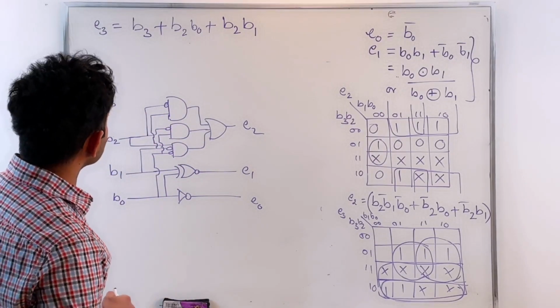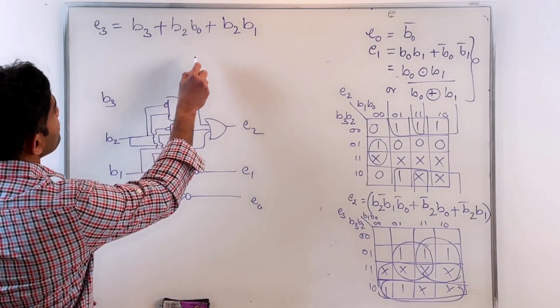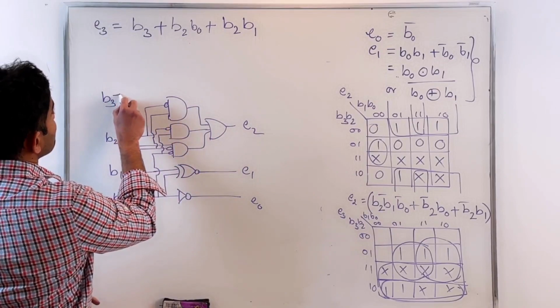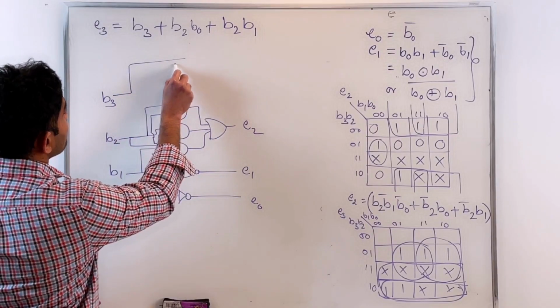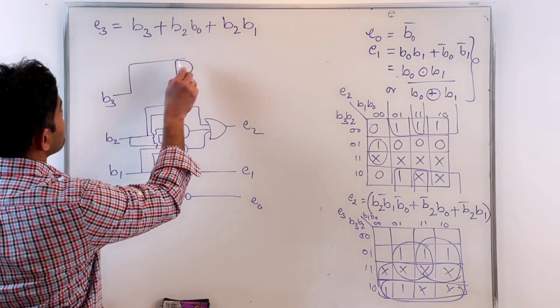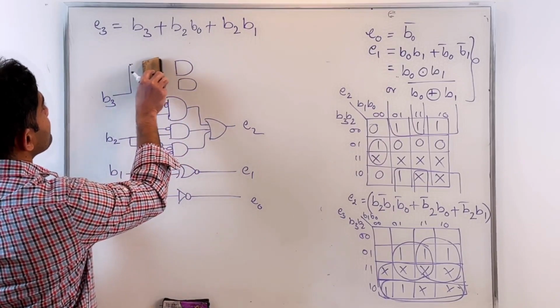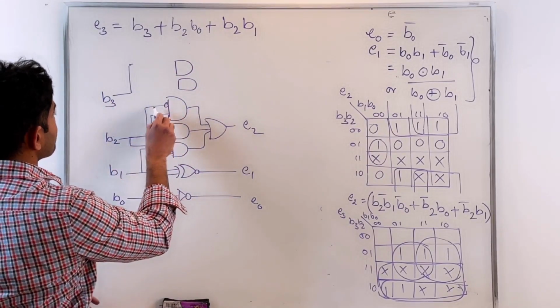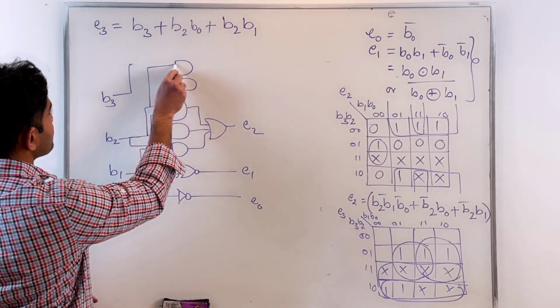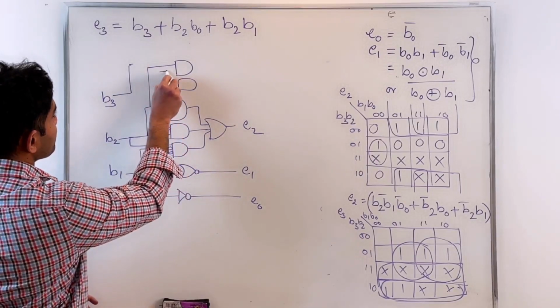And finally my E3, which is B3 plus B2, B0. I have two AND gates, B2, B0, and okay, let me just put B0 here, okay?